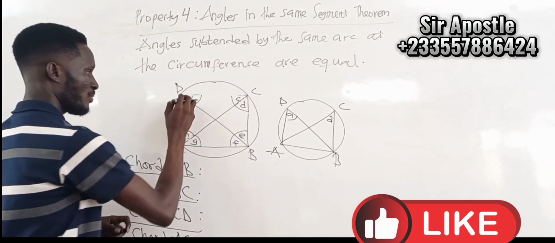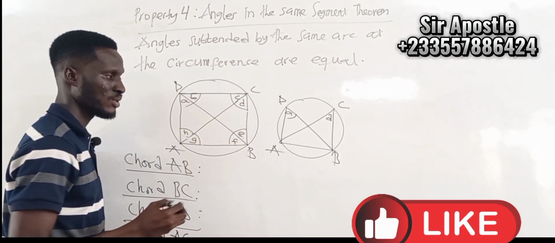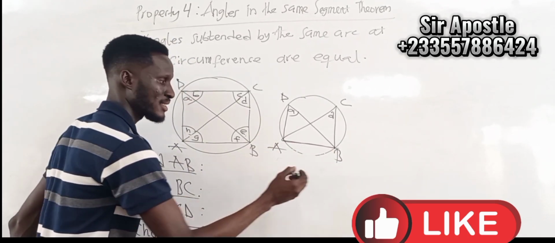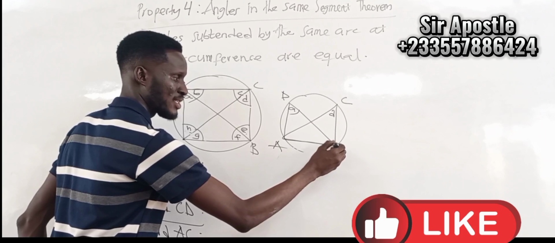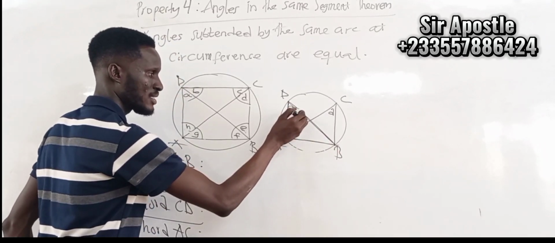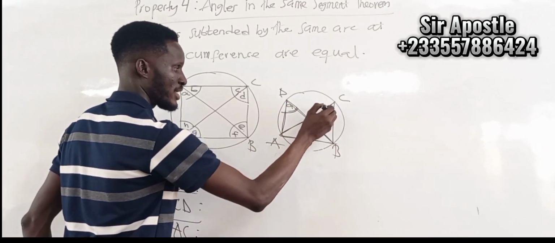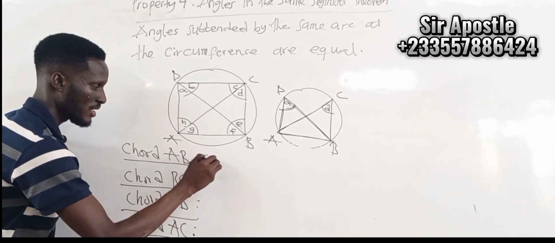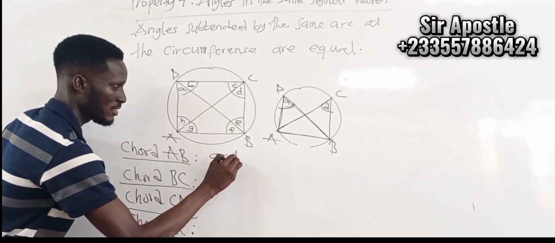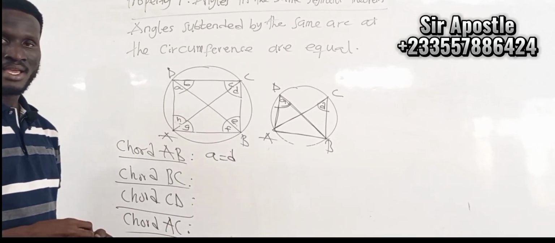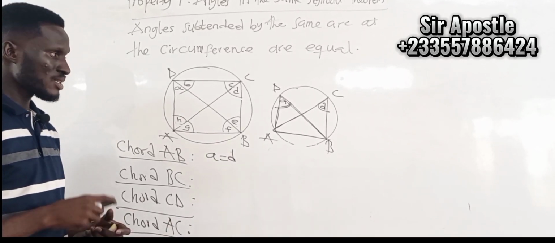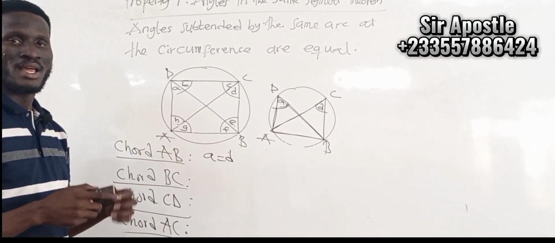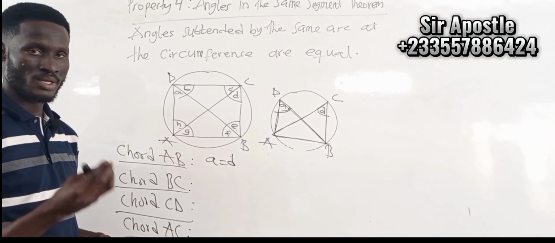Now, when you look at it very well, the chord AB is forming an angle here, which is C, and forming an angle here, which is what? D. So whenever we take the chord AB, the angle C is the same as the angle D. This is how you have to know to be able to identify all the equal angles. And this one is supposed to be at your fingertips. Look at it very well.